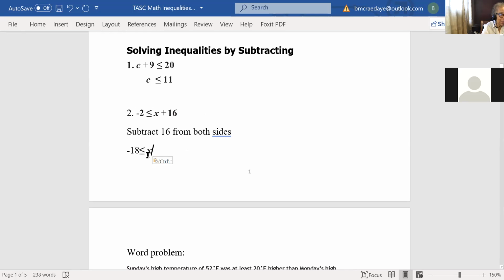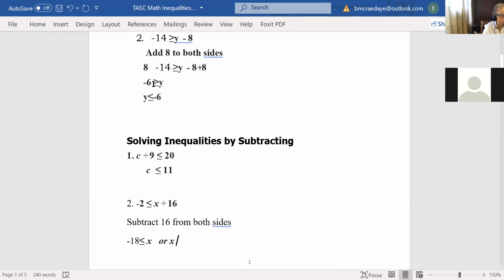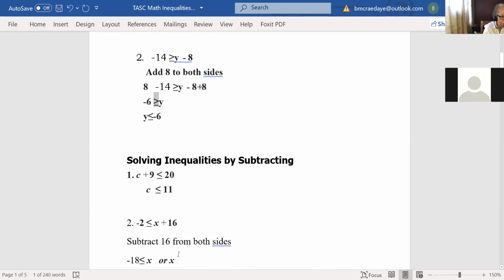Minus 18 less than or equal to X. Or you could write what? You could write X what? Greater than or equal to minus 18. That's right. So you put the greater than sign. There we go. So that would be X greater than or equal to minus 18.